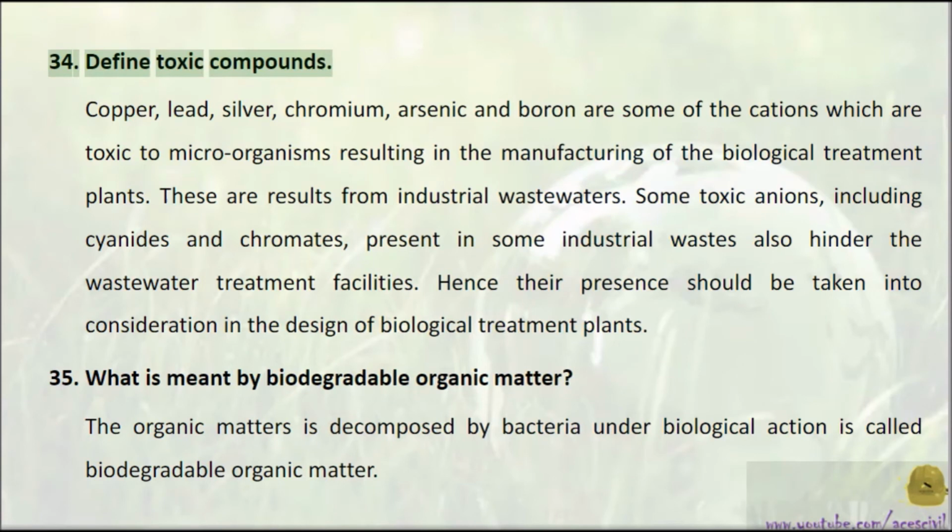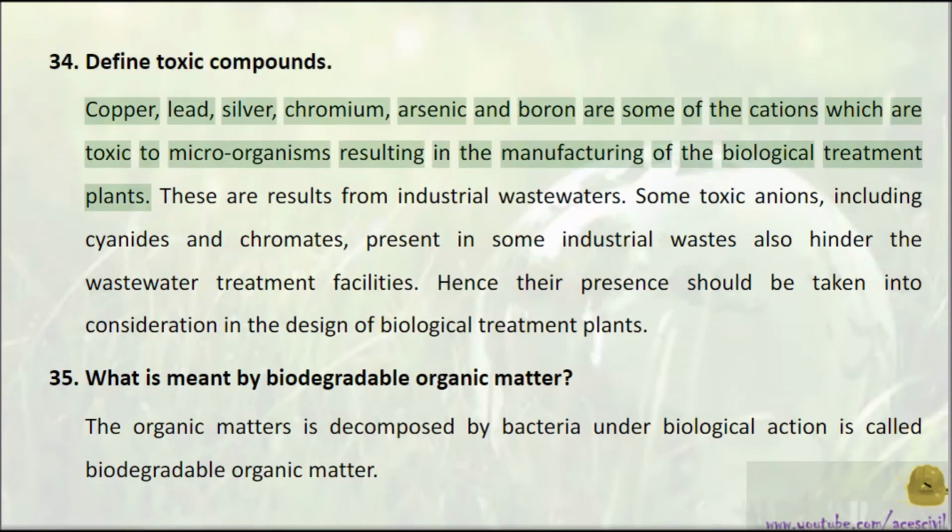Define toxic compounds. Copper, lead, silver, chromium, arsenic and boron are some of the cations which are toxic to microorganisms, resulting in problems in the functioning of biological treatment plants.